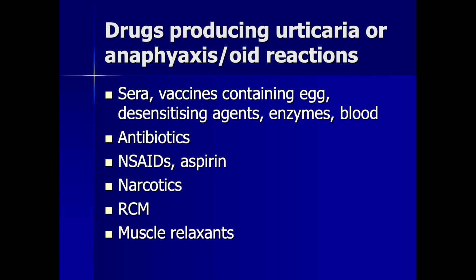Antibiotics, probably acting as haptens, can produce urticarial eruptions. Non-steroidals and aspirin can induce urticaria, as I say, particularly because of their effect on leukotriene and prostaglandin metabolism. Narcotics can cause direct mast cell degranulation, as can radiocontrast media and muscle relaxants.